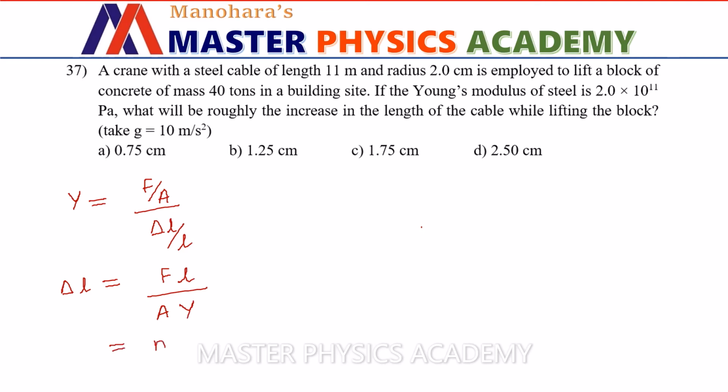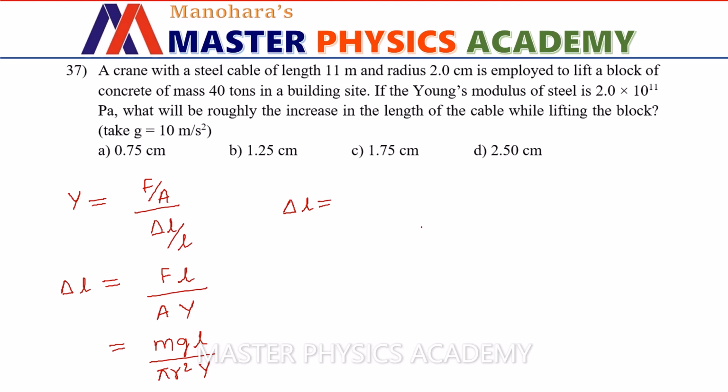Now F can be written as mg, where m is the mass attached to the wire, g is acceleration due to gravity, L is L, A can be written as pi r squared, where r is the radius of cross section, and Y. So now let us substitute and get the value of delta L.